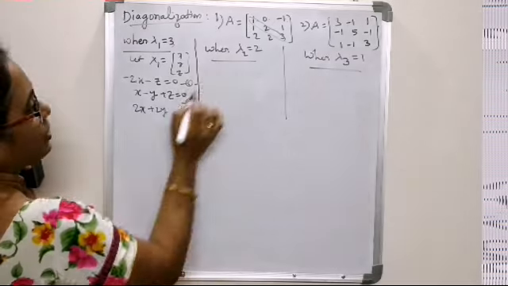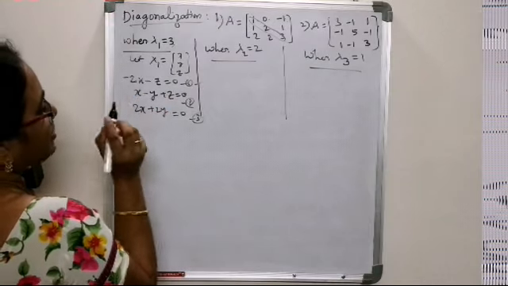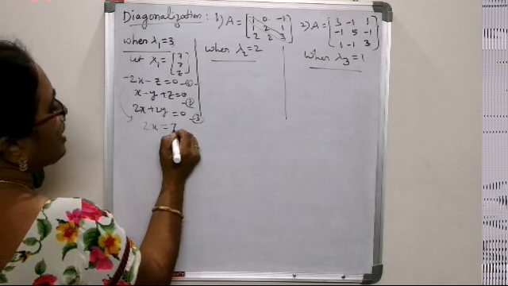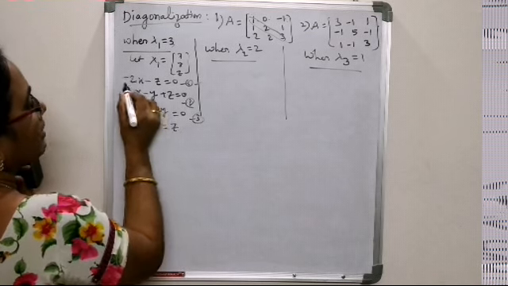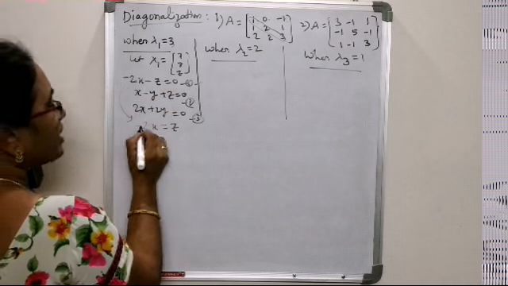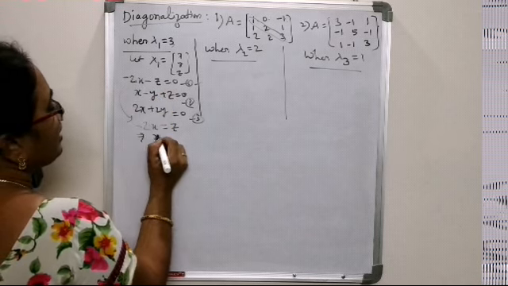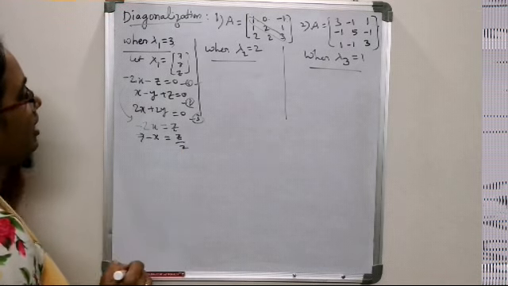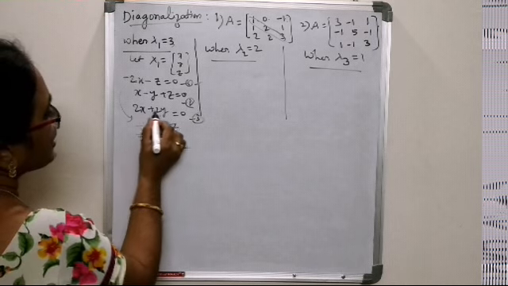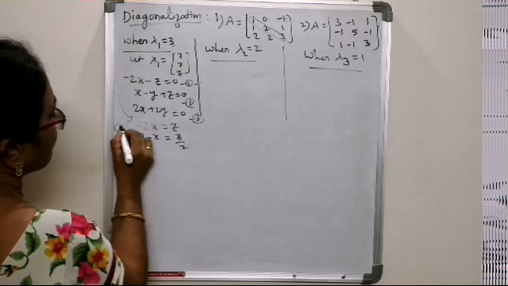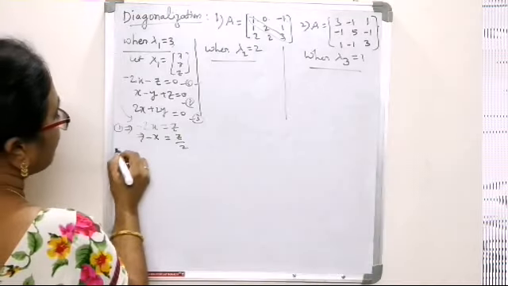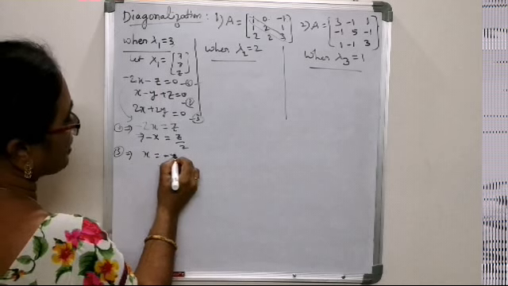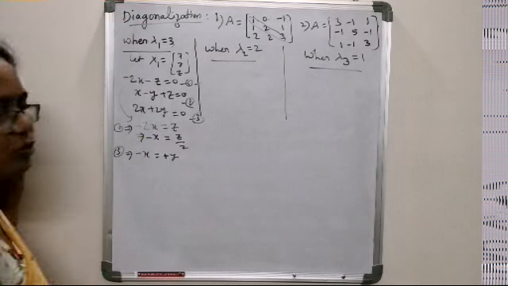Now look at the first equation. Minus 2x equal to z, or otherwise, minus x is equal to z by 2. Keep it aside. From the third equation we have x plus y equal to 0, or x is equal to minus y, or minus x is equal to y.